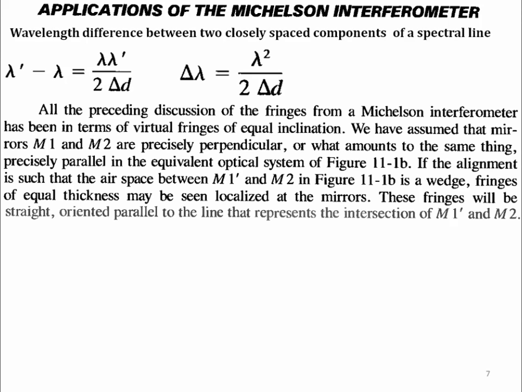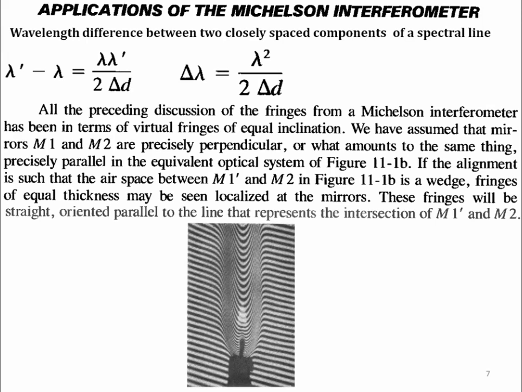I hope we have discussed those, so I won't do that in detail. But yes, we can obtain fringes of equal thickness in case those mirrors are not perpendicular to the beams, and those will be of equal inclination if they are perpendicular to the beam or parallel to each other.